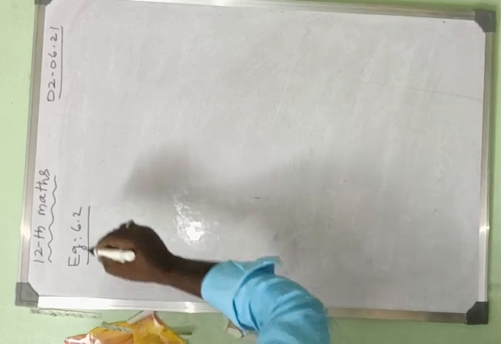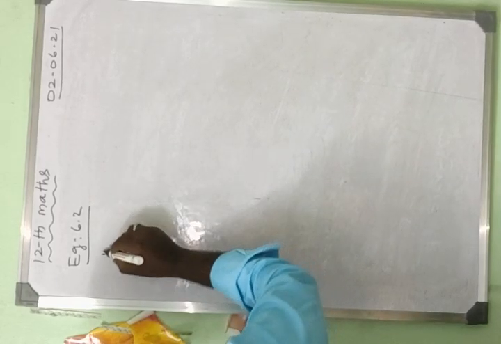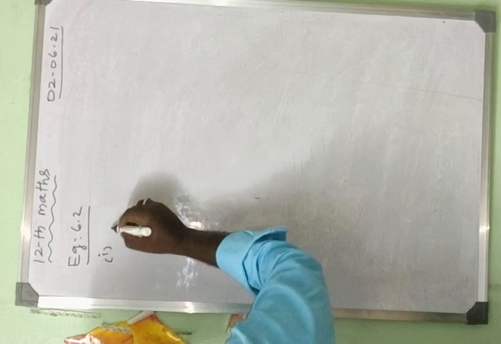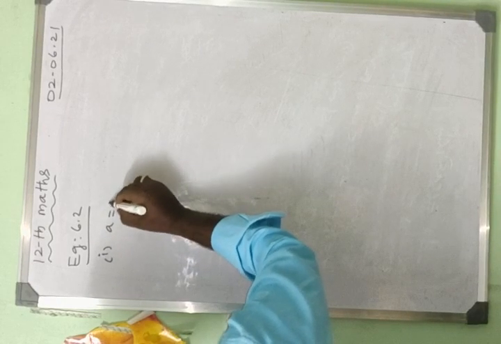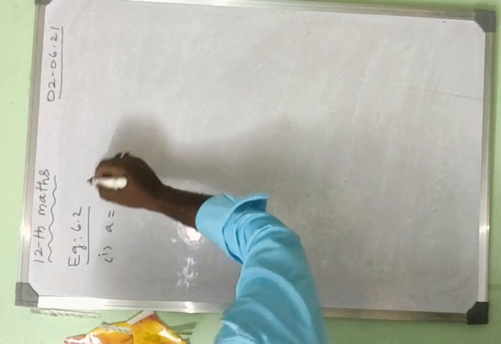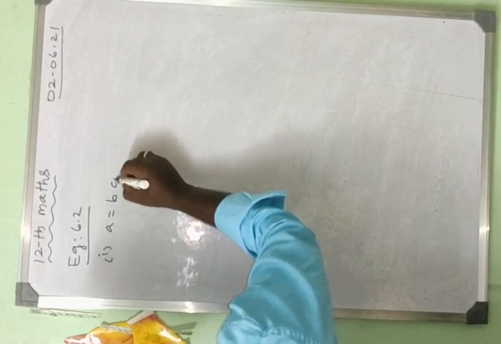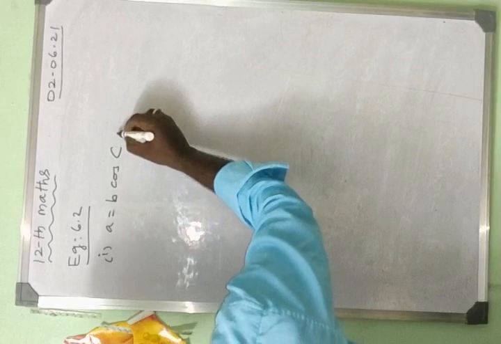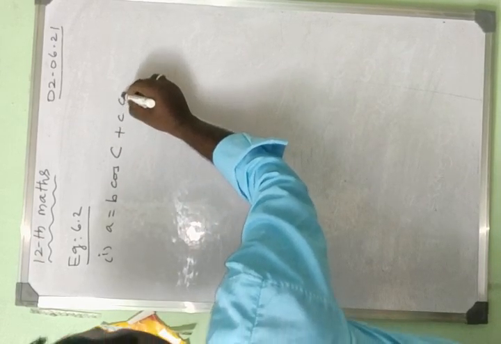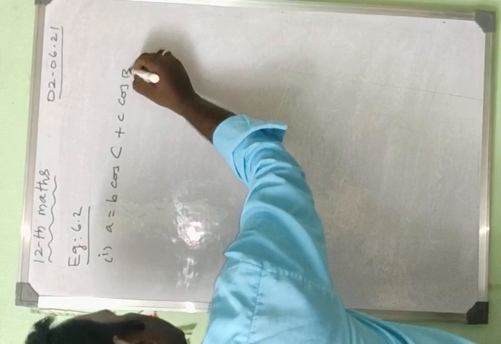Example 6.2. What is given? With the usual notations, in any triangle ABC, prove the following by vector method. What is the first condition? A equal to B cos C plus C cos B. This is the first result.